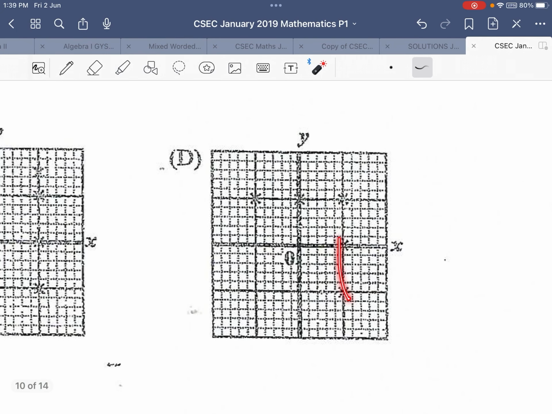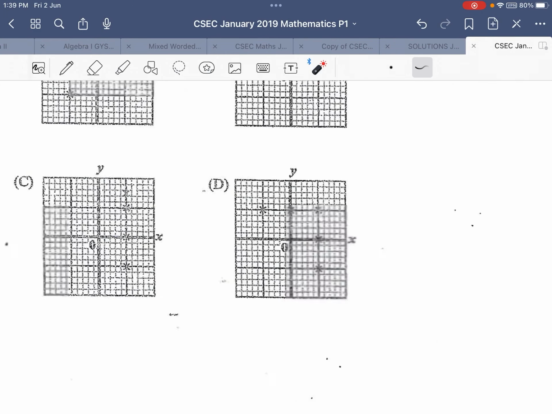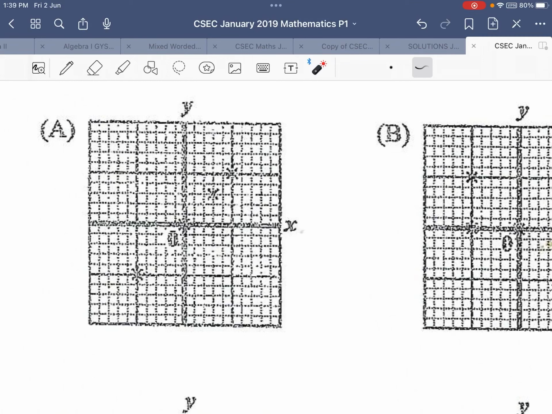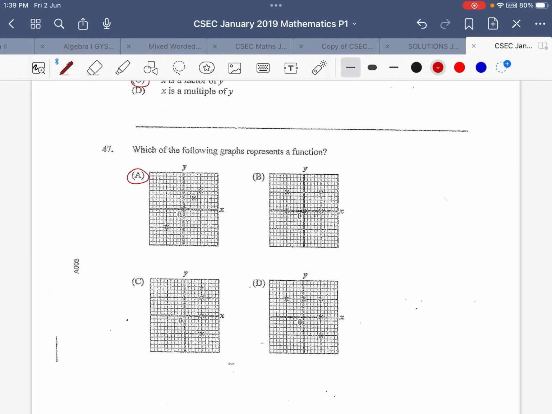And here, same x values will have multiple y values. This is the only one where we have one x value going to one y value, rather.